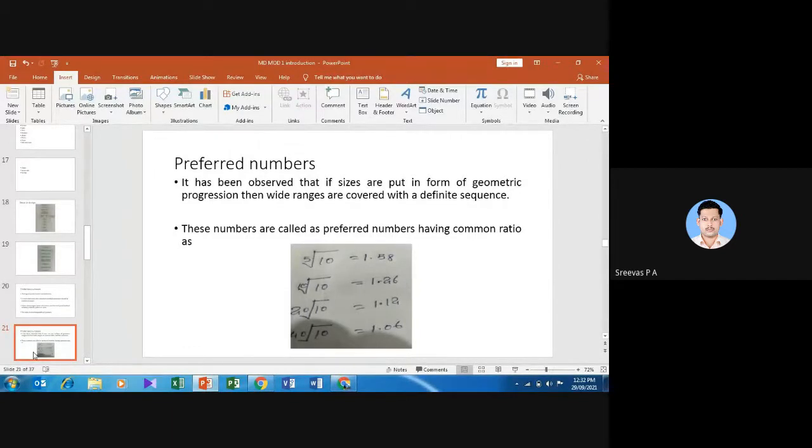That will be approximately equal to 1.58. In the R10 series, the common ratio will be 10 raised to 1 by 10, or 10th root of 10. So that will be approximately equal to 1.26.